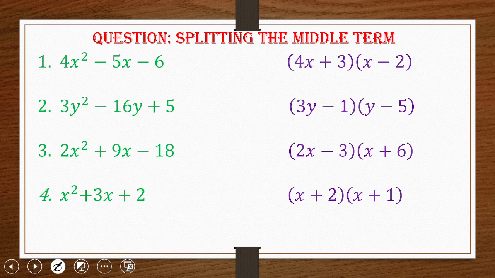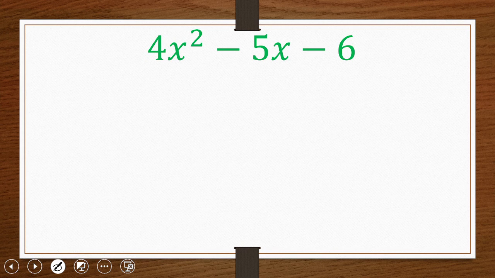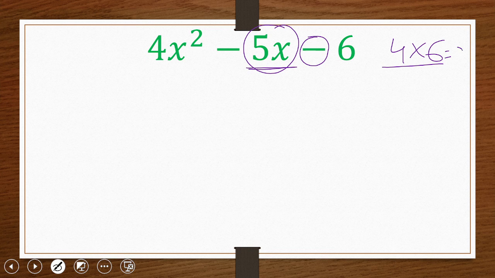There are some questions on splitting the middle term, so I hope you can take a screenshot, and I will do one for you. We have to split this term. First, 4 into 6, I will make a circle on these two numbers because I have to split these numbers. 4 into 6 is 24.